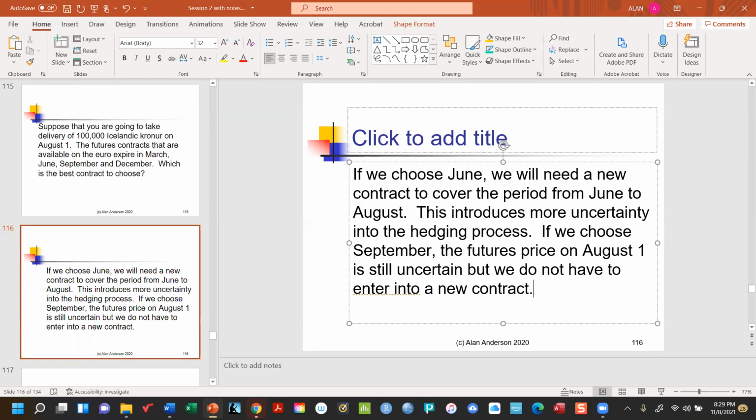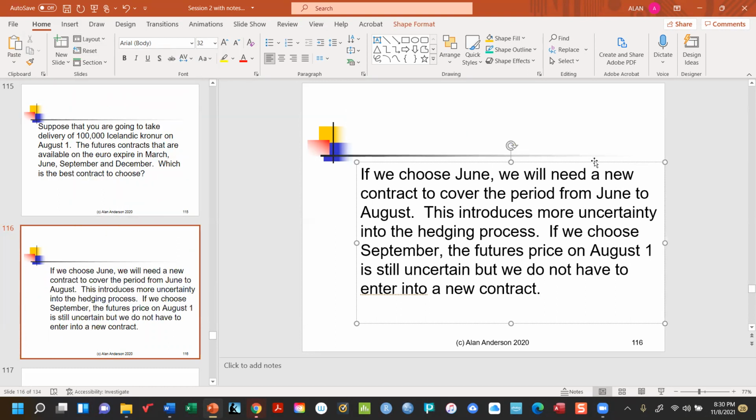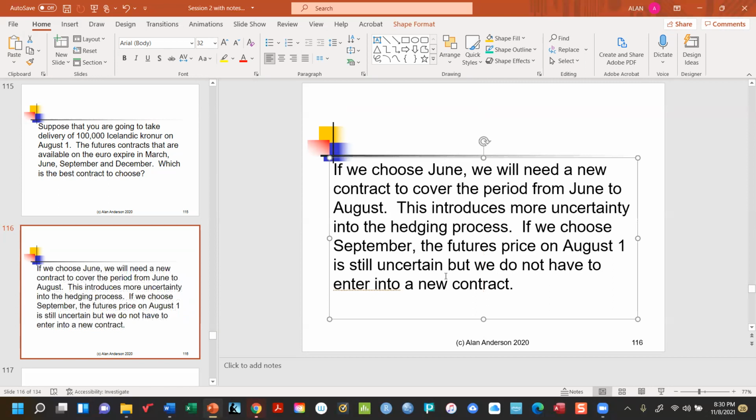So the thinking in this business is that you're better off just having September and hoping that the price doesn't fluctuate too much, as opposed to starting up a completely new hedge in June, which you never know how much it's going to cost you. And even then, the contract itself will probably expire later on anyway. So what was the point? So instead, you're probably better off starting out with a long contract in the first place. Okay, so September is probably the better choice.